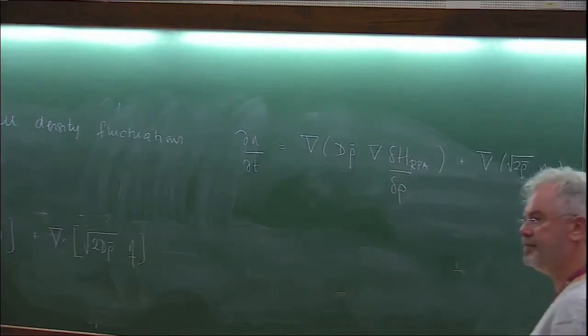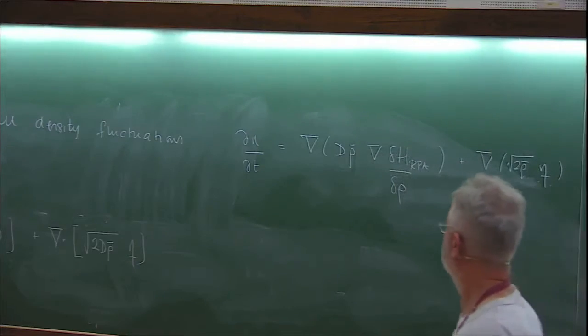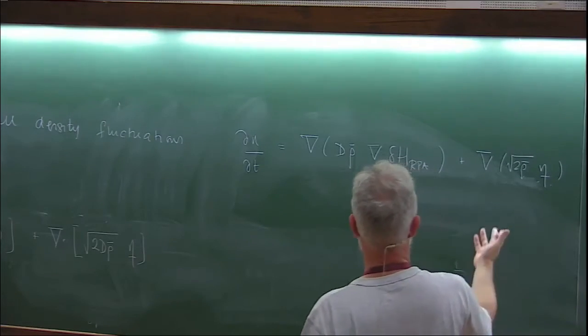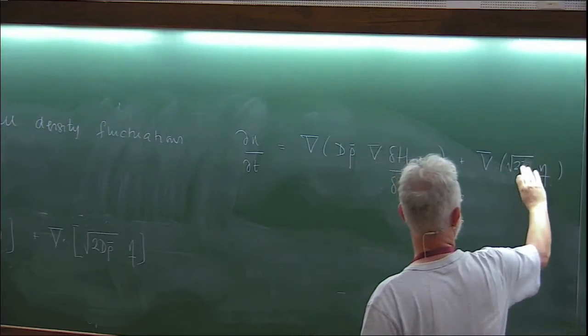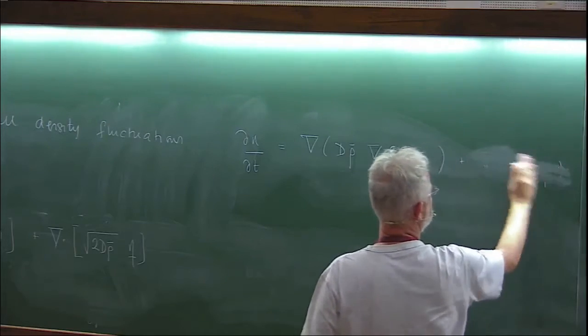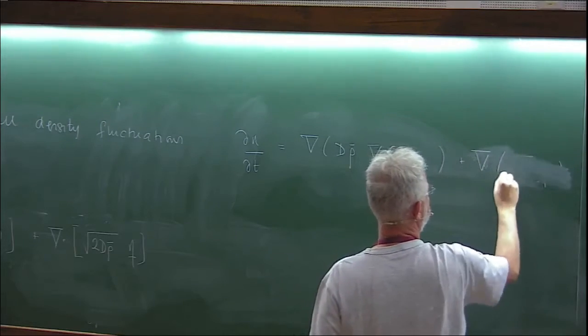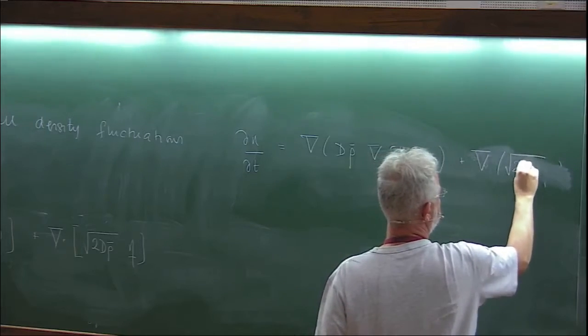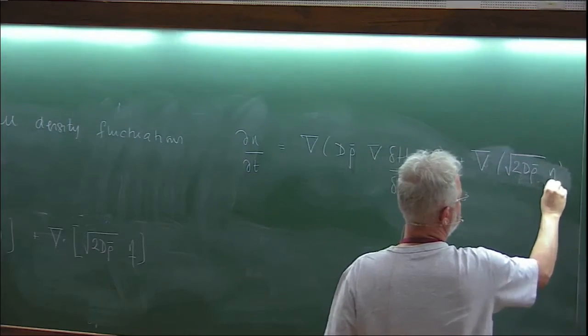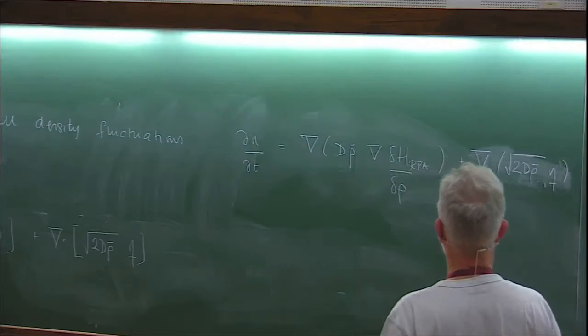And you can see that this choice, rho bar times D here, has this form.